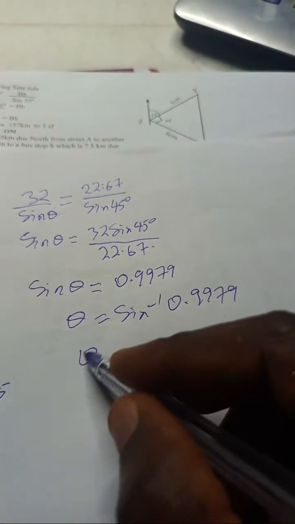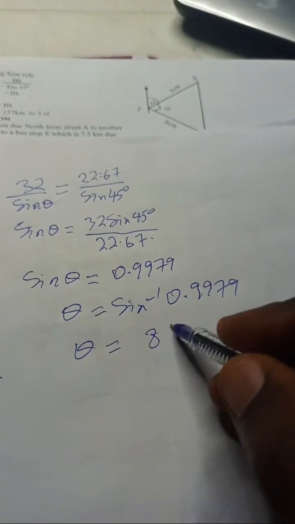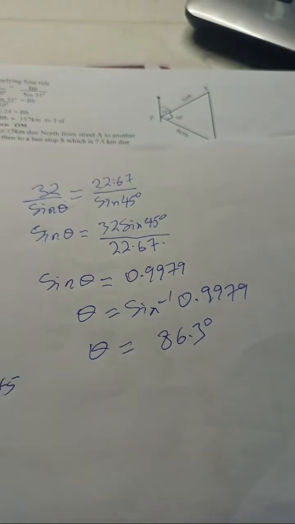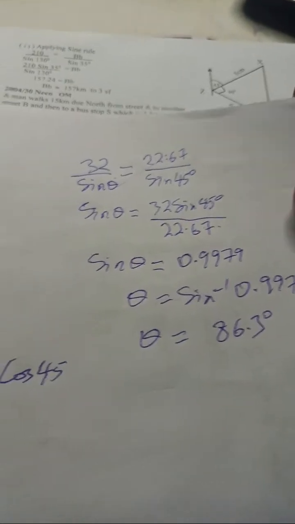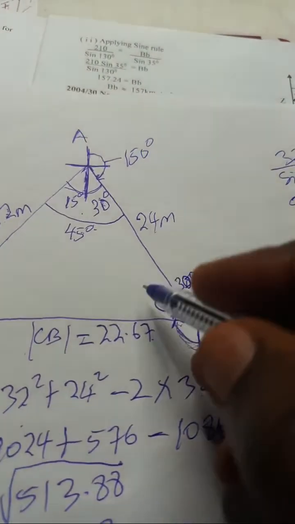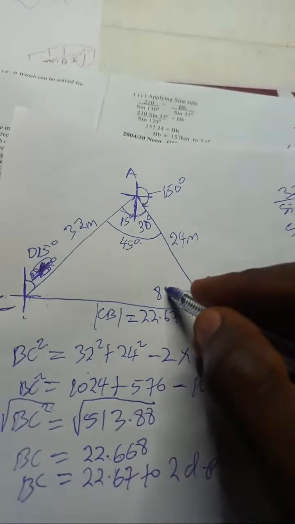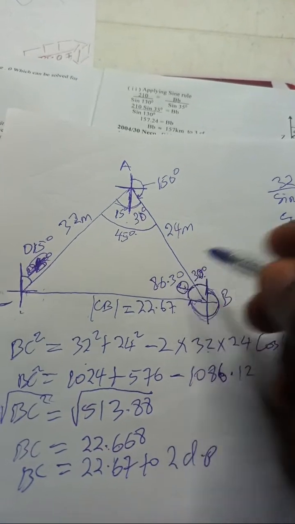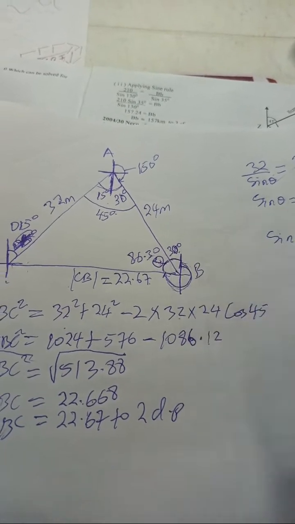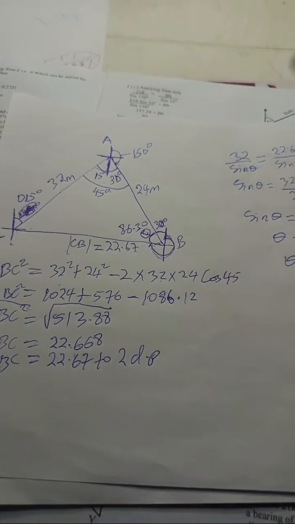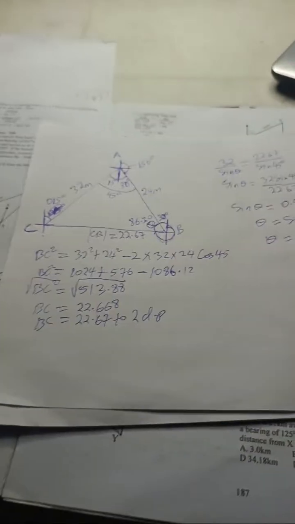So from there, our theta will be equal to 86.3 degrees. So we come back to what we have here. We call this one 86.3 degrees. Mind you, we are to add it together. Adding this together with 30, what do we get? 86.3 degrees plus 30.